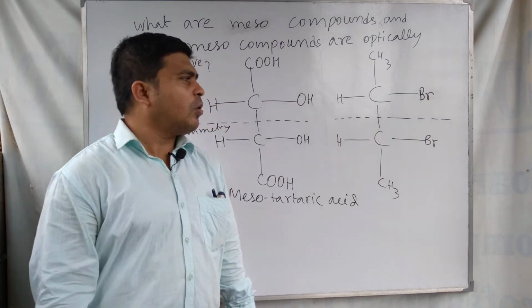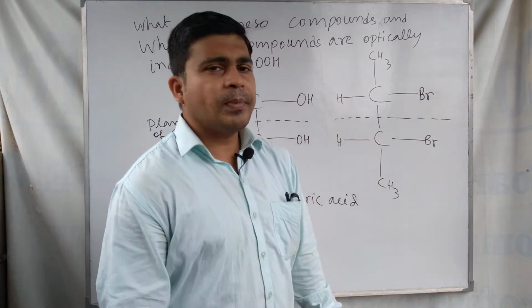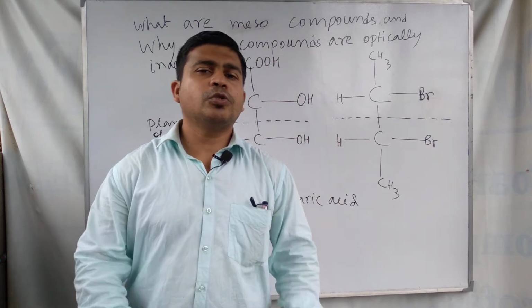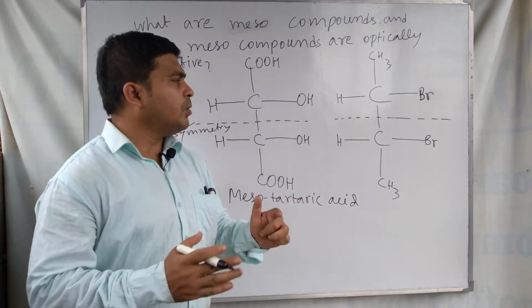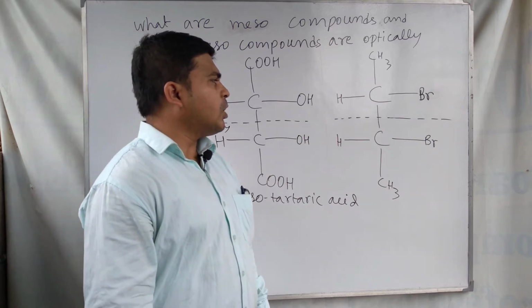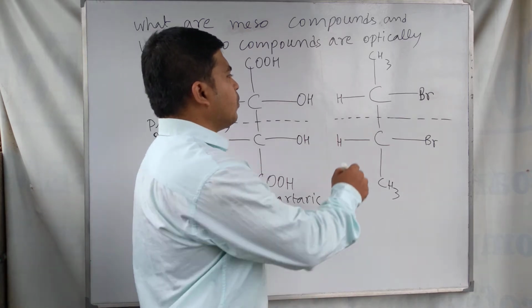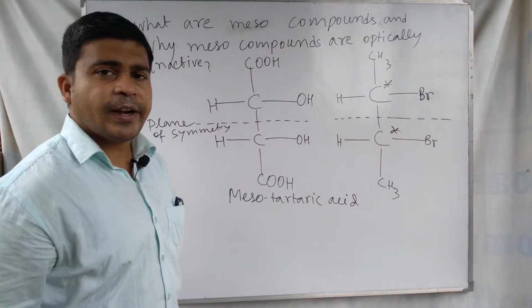So for a meso compound, a plane of symmetry is very important, and it shows a non-superimposable mirror image relationship. In a meso compound, these two carbons are chiral carbons.